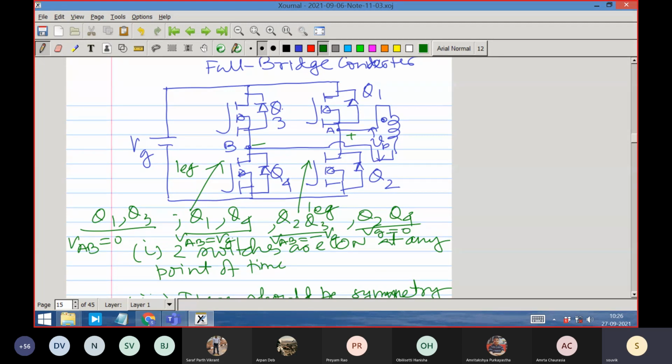So I am able to produce 4 voltage levels clearly: VG, 0, minus VG, 0. So we would like to produce a sequence like that and give it to the transformer. That is what the VAB voltage will see. Now, as I said, in a buck converter, how do I actually control this thing?